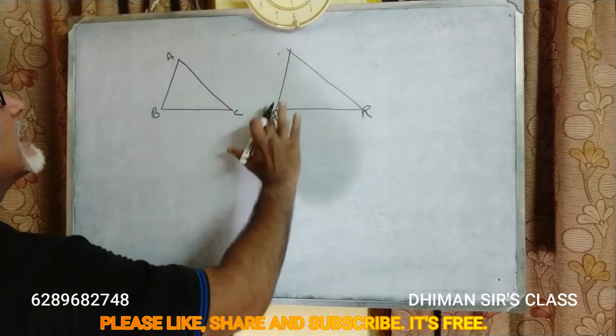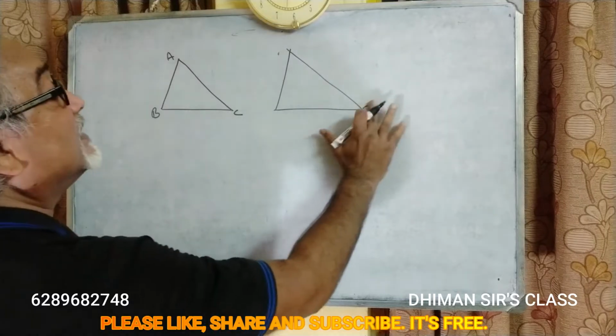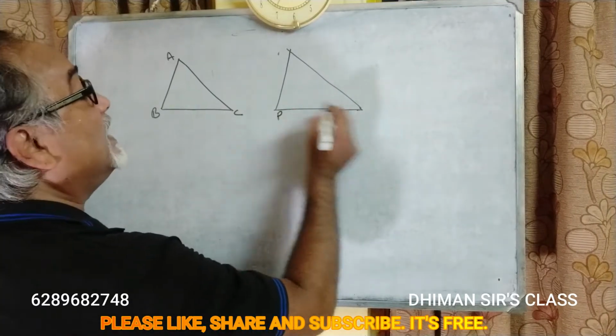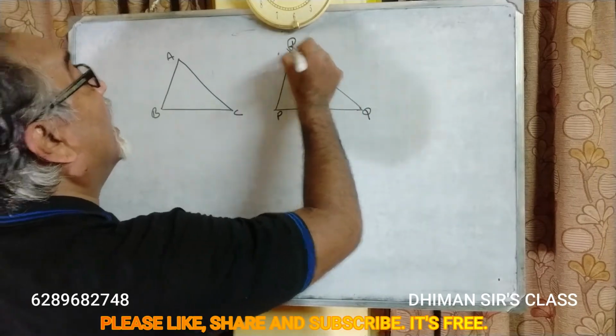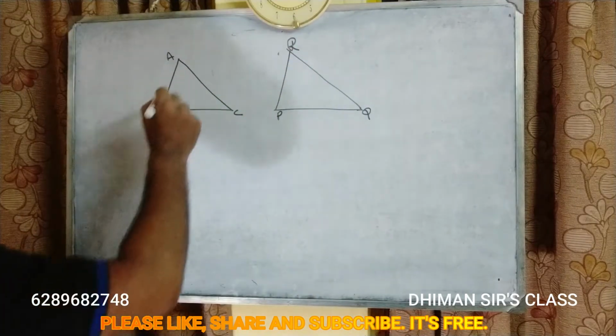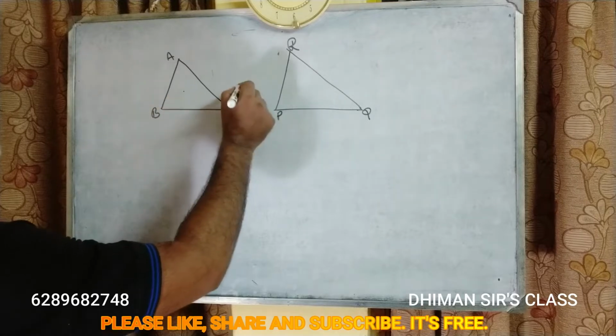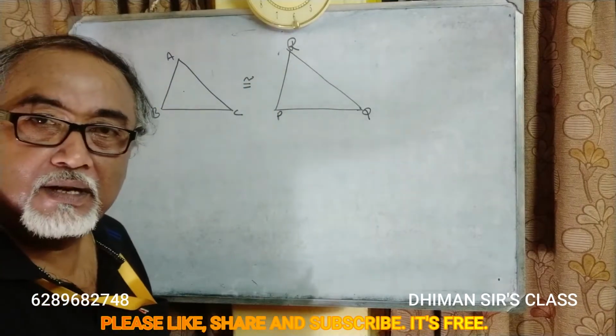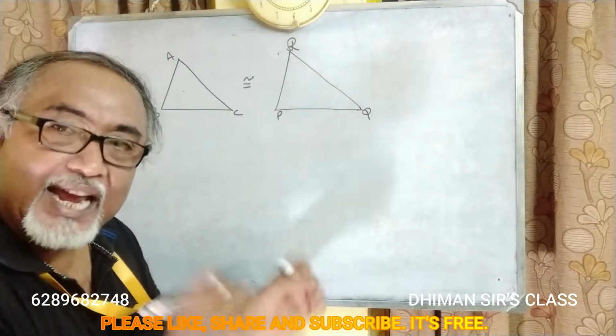Suppose I write PQR like this, simply both the triangles are congruent to each other. This is given to us. But how are we going to write?